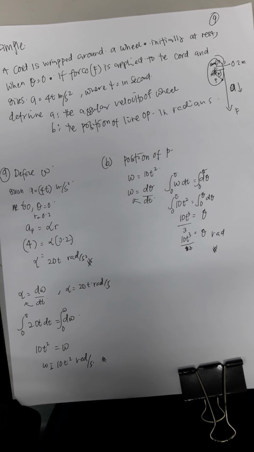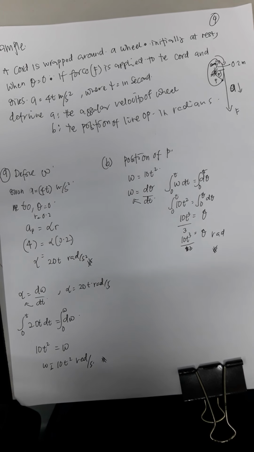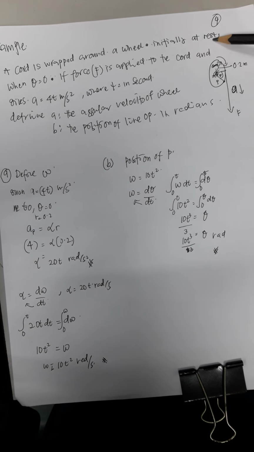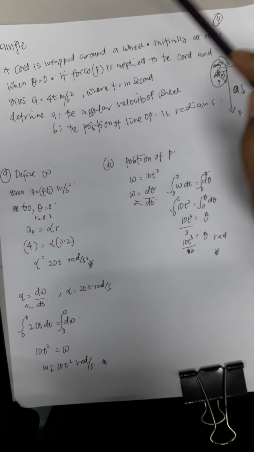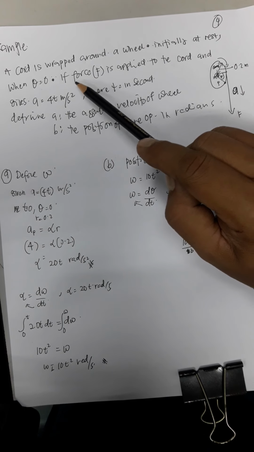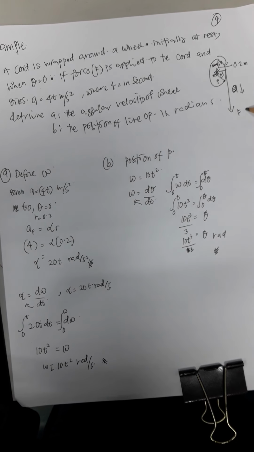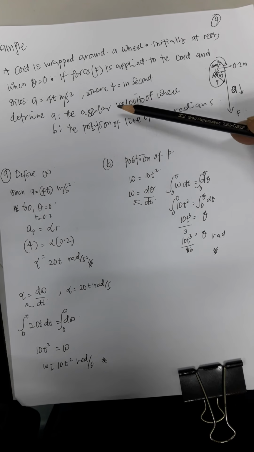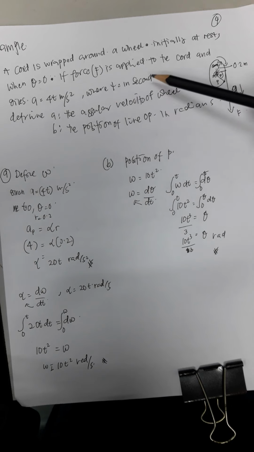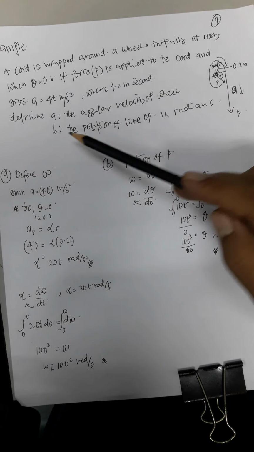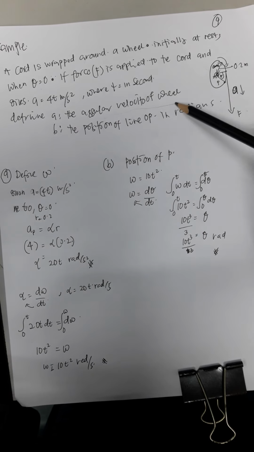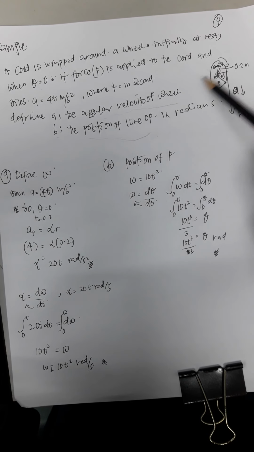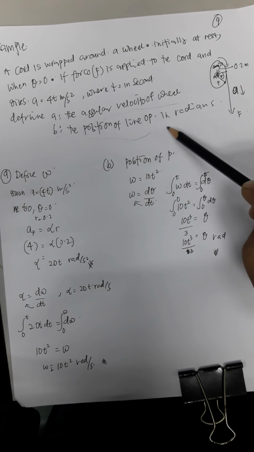Okay, for an example of this chapter: a cord is wrapped around a wheel initially at rest when theta equals 0. If force F is applied to the cord and gives acceleration equal to 40t meter per second square, where t is in seconds, determine A, the angular velocity of the wheel, and B, the position of line OP in radian.